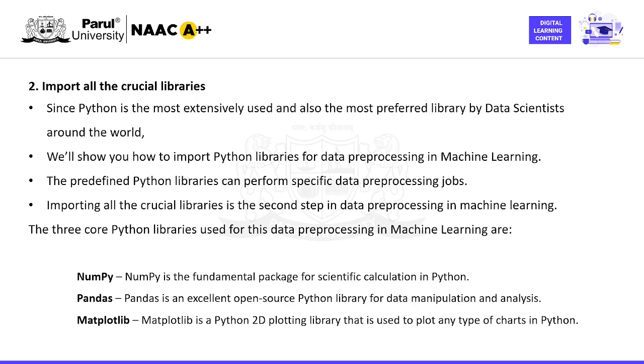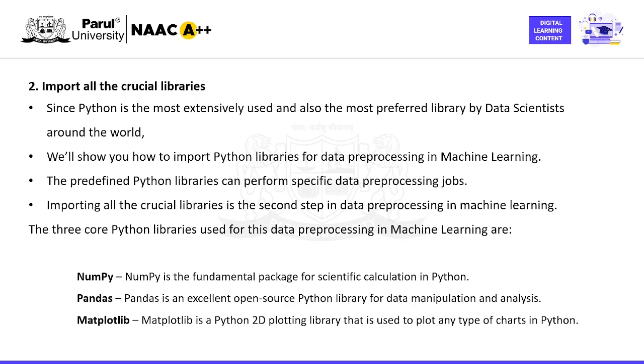In our further discussion, we will also explain how to import the Python libraries and which libraries are important and play a role in data pre-processing for machine learning.